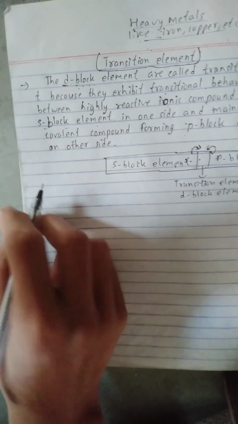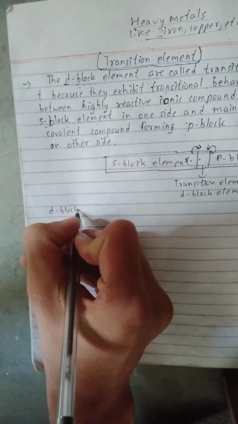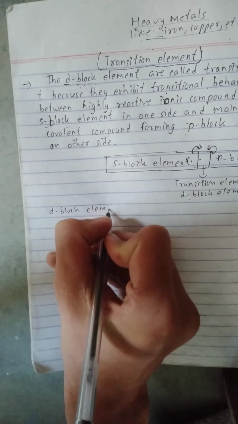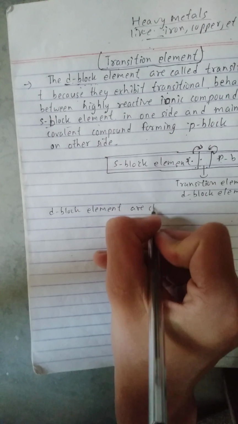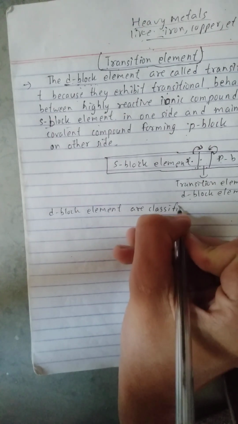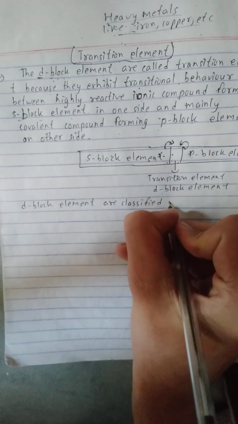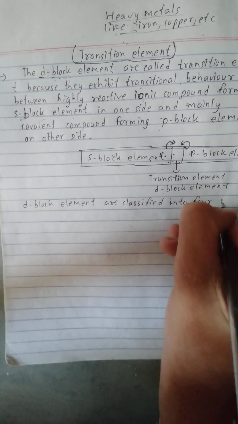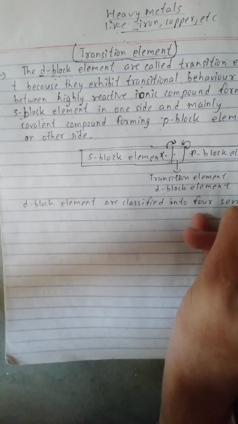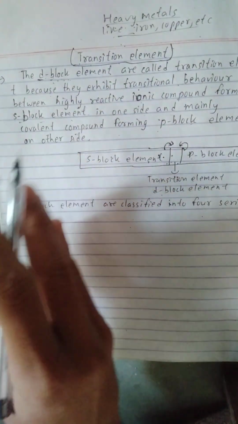And these D block elements or transition elements are classified into 4 series. Here, the periodic table elements are mainly classified into different groups.